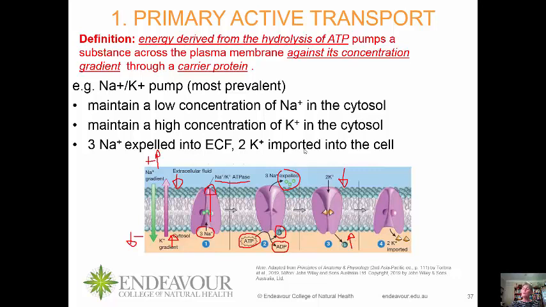So what happens here? The potassium is pumped against its concentration gradient, so that two potassiums end up on the inside, imported into the cell. So the sodiums are exported and the potassiums are imported, and that is against the concentration gradient. It requires energy through the hydrolysis or breakdown of ATP.